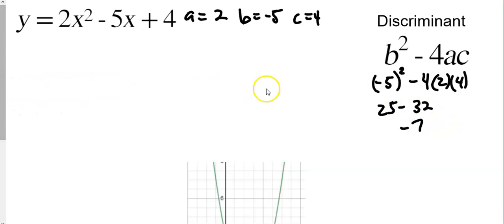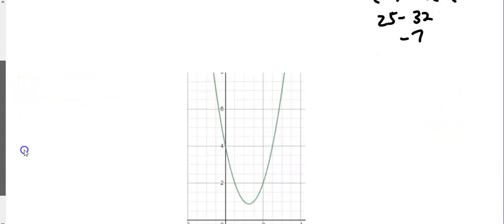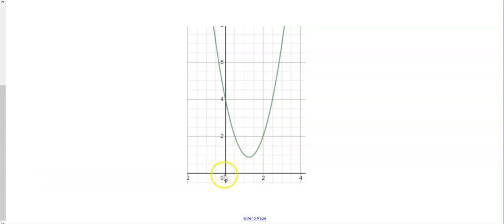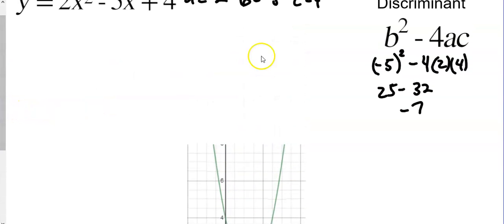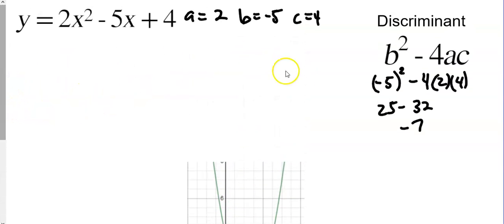So when you look at the graph, it does not touch the x-axis. So that means we're going to also have a negative under our radical when we do our square root, when we solve our quadratic formula. So that means we have two imaginary solutions because you would pull an i out.